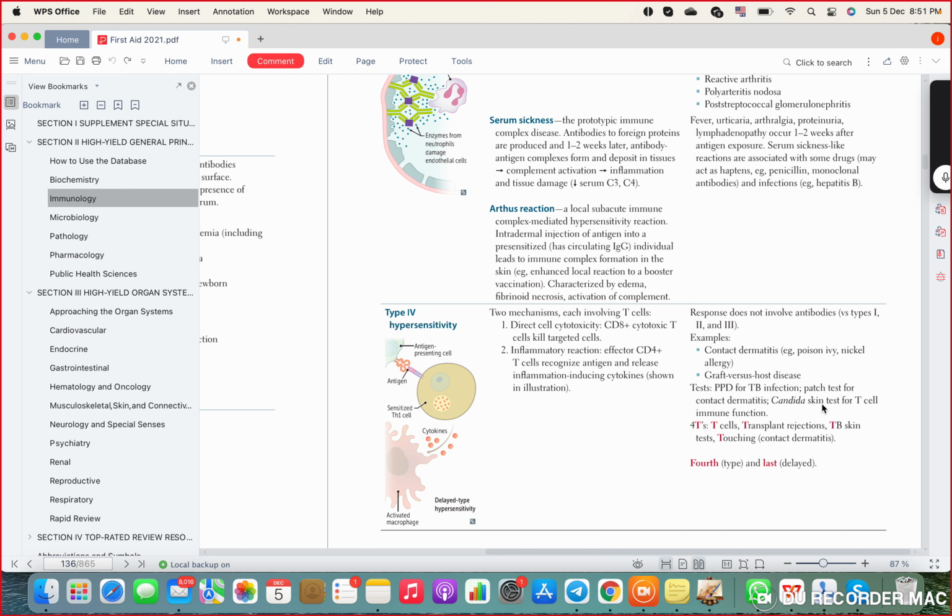Okay, doc. So, I was asking regarding the type 4 hypersensitivity reaction. It's mediated by which cell? The cell-mediated cells, doc, CD8 and CD4. Okay, excellent. If we speak about the PPD test, it's for checking for TB. Which form of cell is leading to this reaction?